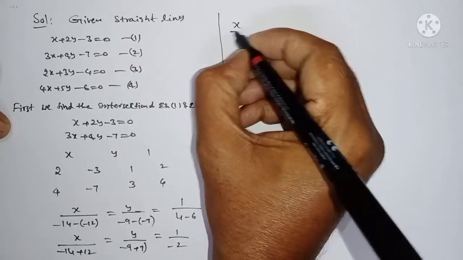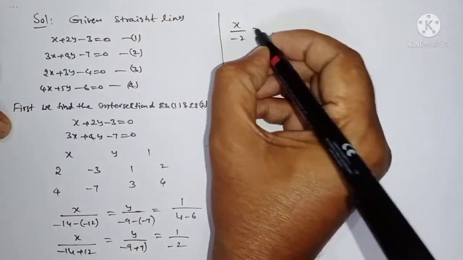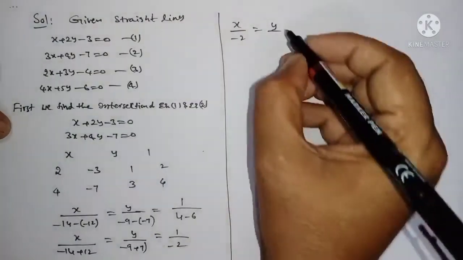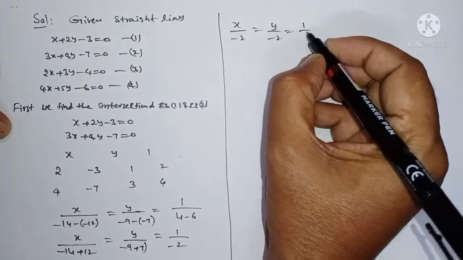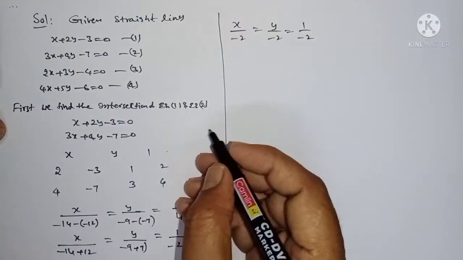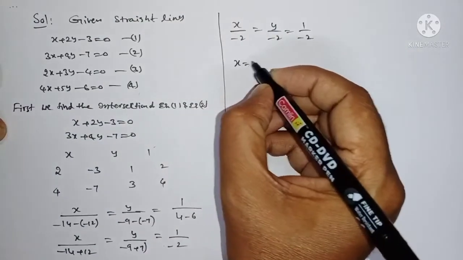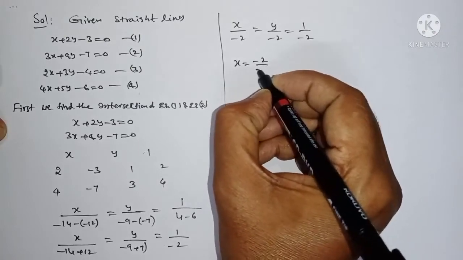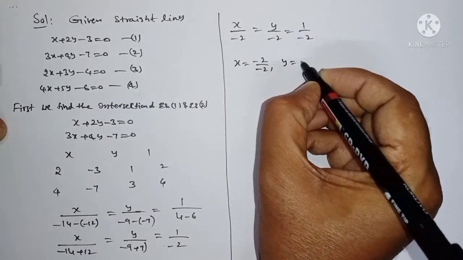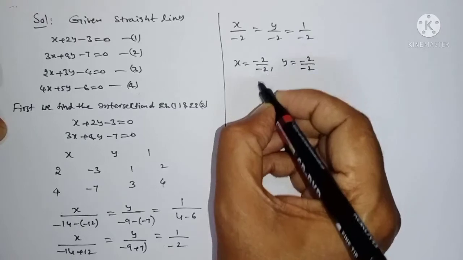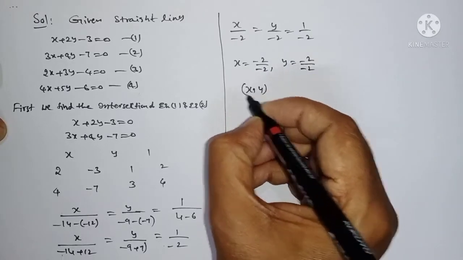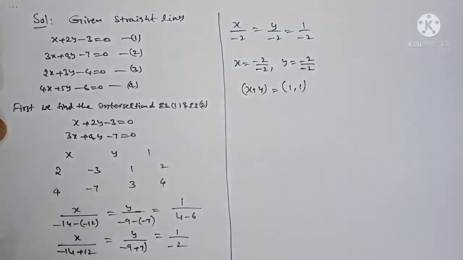Therefore x by minus 2, y by minus 2, 1 by minus 2. So x equals minus 2 by minus 2, y equals minus 2 by minus 2. Therefore x comma y is equal to 1 comma 1. Is that clear to all of you?